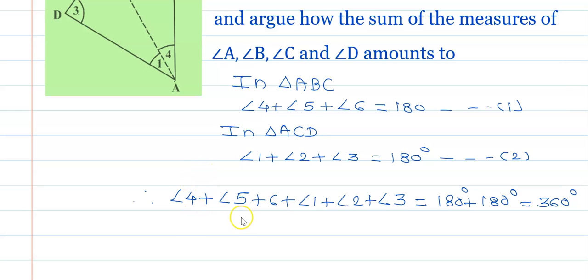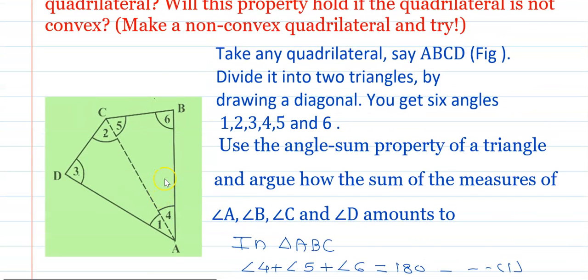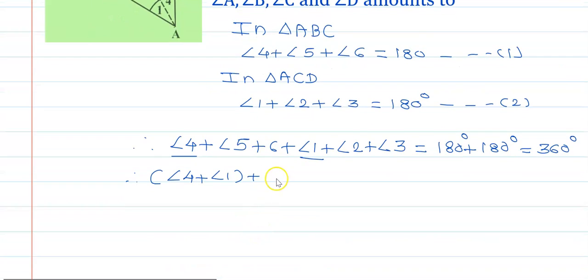Now first of all, angle A means what? The sum of 1 and 4. Therefore, I will write here in bracket angle 4 plus angle 1. What about angle B? It is angle 6 only. Next, what about angle C? 2 and 5. Therefore, here angle 2 plus angle 5.